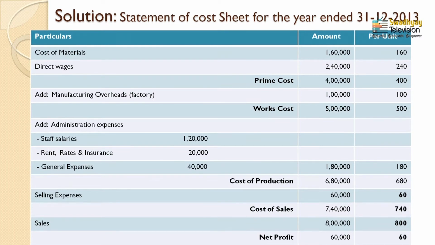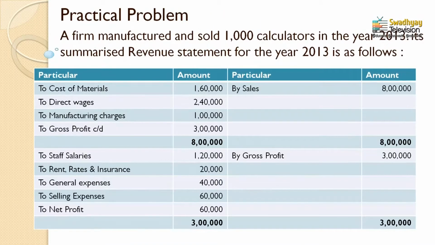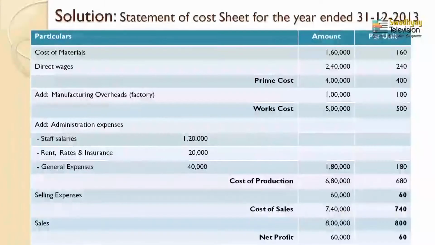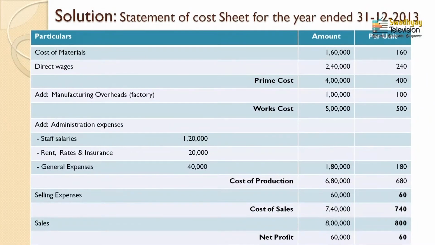Now, the direct wages. Here the direct wages have been taken from the first part of the revenue statement on the debit side, that is 2,40,000 rupees. This will be recorded under the heading of prime cost in the amount column. Again, it is divided by the 1000 units, and we find the cost per unit, which comes to 240 rupees.